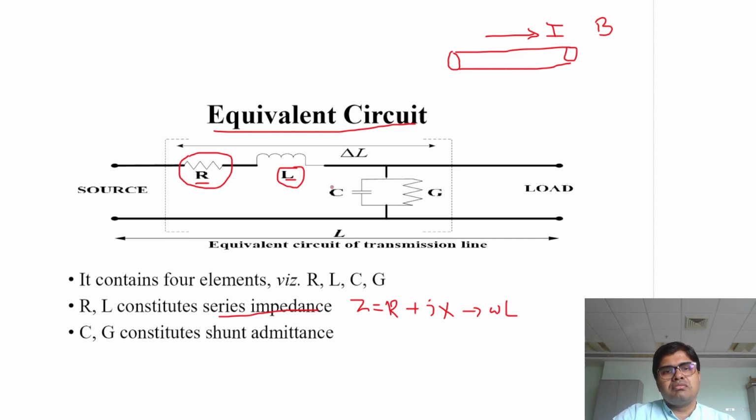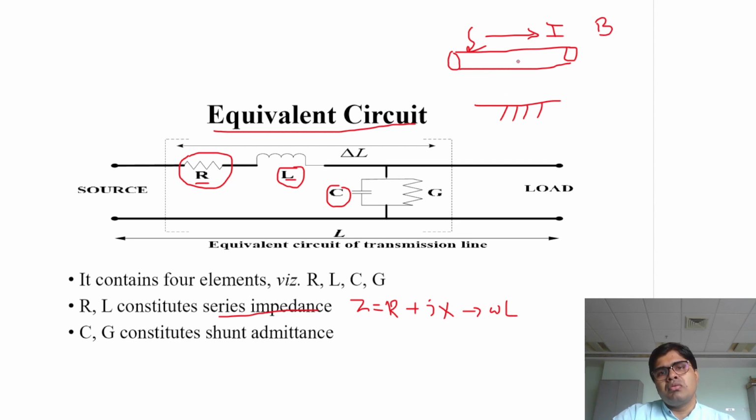Now coming next, what is this capacitance? This is the transmission line. We have a certain voltage impressed on it and we have ground. We know when two metal plates are separated by a potential difference V, and the medium in between acts as a dielectric, this entire arrangement is called a capacitor.